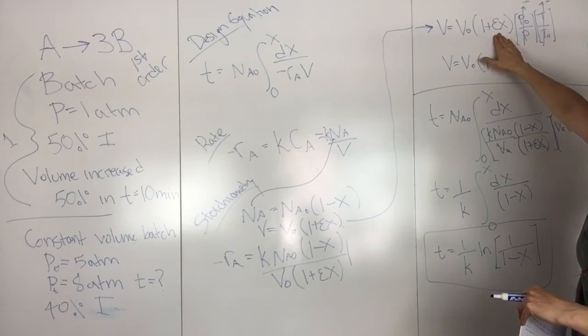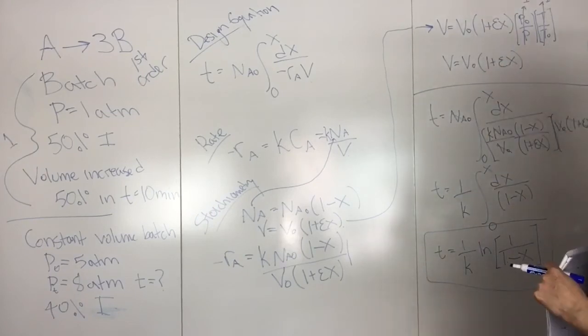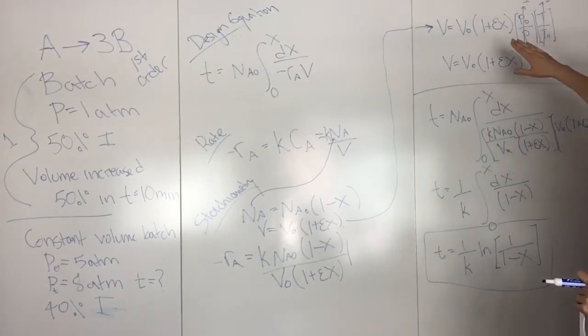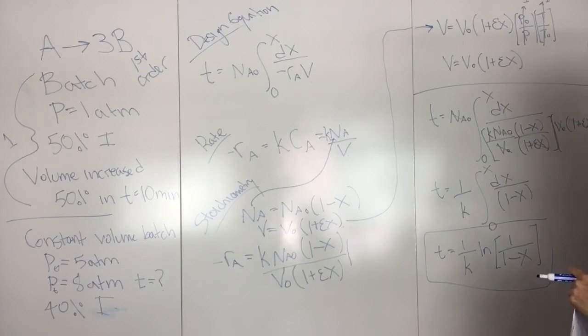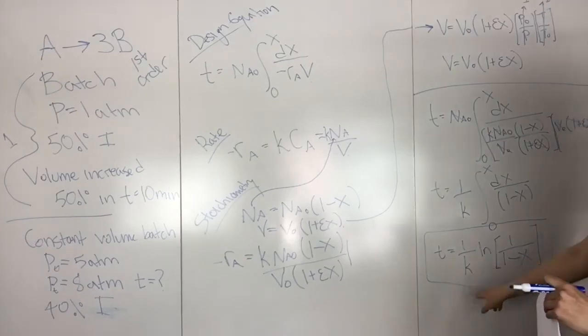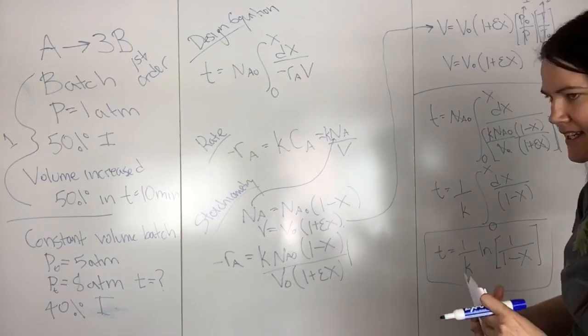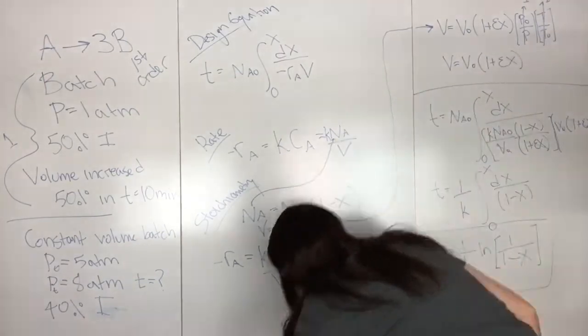We know everything we need to calculate epsilon, so we should be able to solve for X. So we want to solve for X from this, and then we plug the X we get into this, and we know the time it took. It was 10 minutes, so then we can calculate K, and then we can use that K to solve this equation for the second reactor. So that's what I'm going to do.